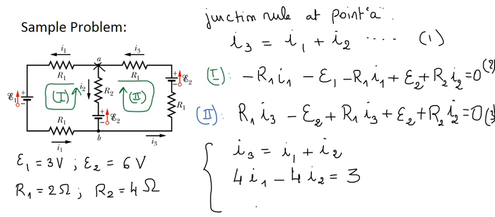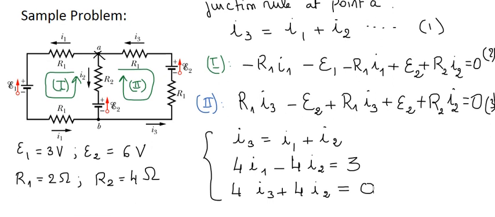And the last equation gives 4I3 plus 4I2 equal 0. Just plug these numbers in here.